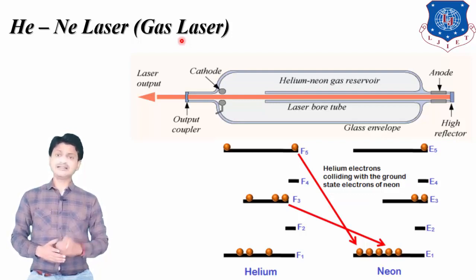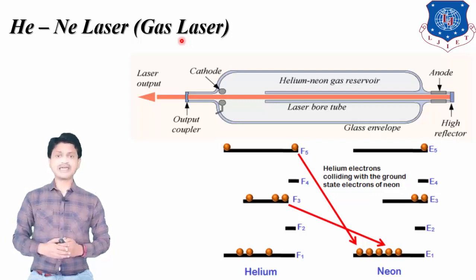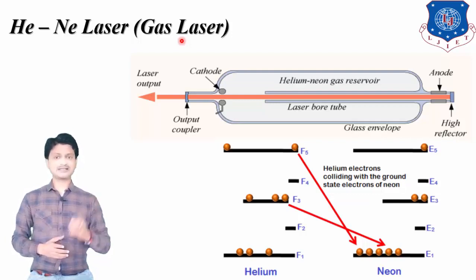So let's discuss what a gas laser is. A gas laser is a type of laser in which a mixture of gases is used as the active medium. Gas lasers are the most widely used lasers. The HeNe laser is most commonly used in college laboratories, whereas the carbon dioxide laser is used in industrial applications.